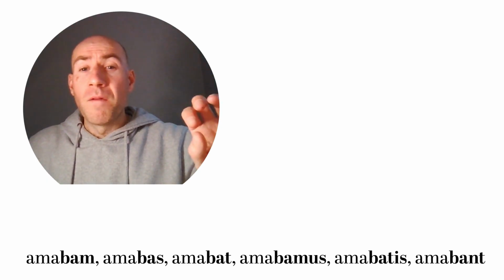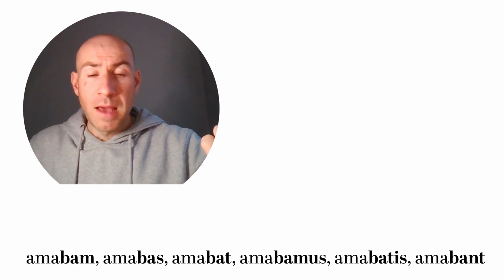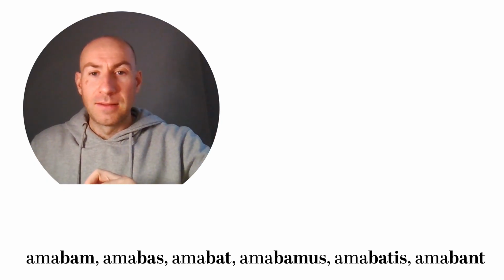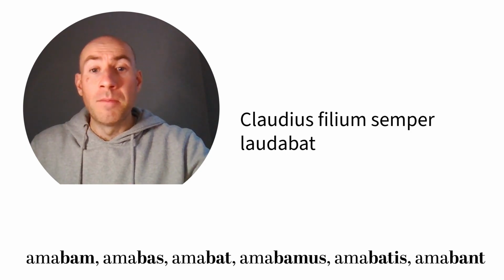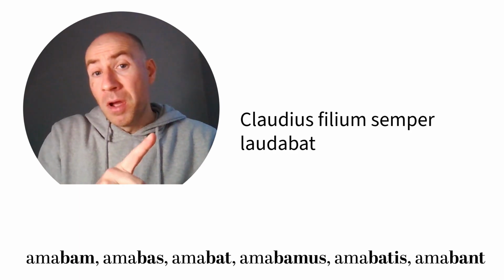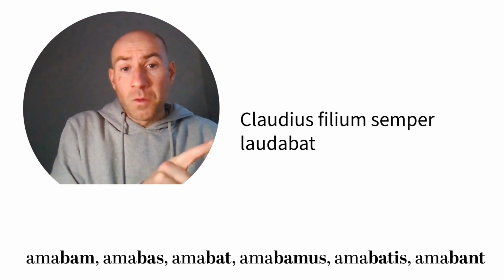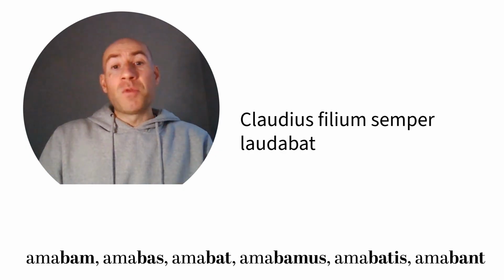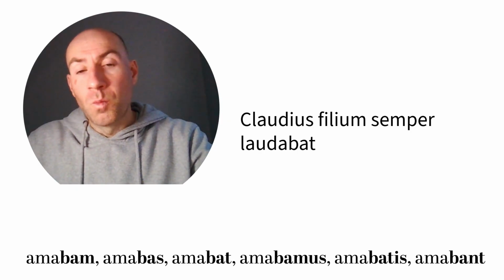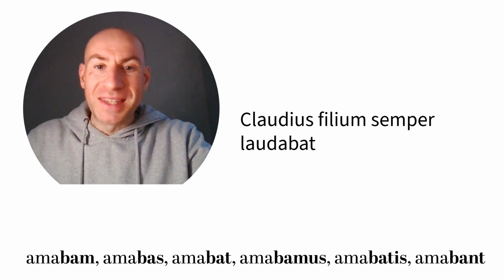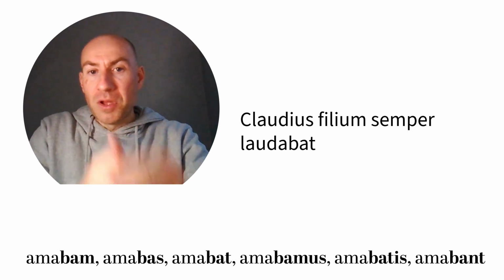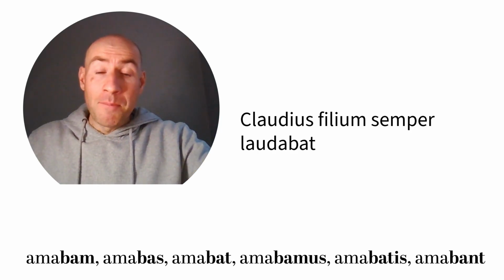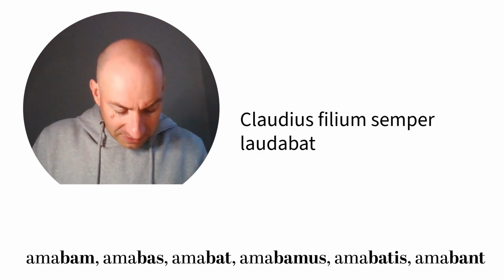Claudius filium, accusative, semper, always, laudabat, laudabat. Claudius, filium semper laudabat. The perfect tense, for those of you who've covered it or watched those videos, would be laudavit with V-I-T. And that would mean he praised there and then. It's a one-off action, so it wouldn't really work with semper, I don't think, there, because that implies repeated action, always. Here, Claudius filium semper laudabat, imperfect tense.